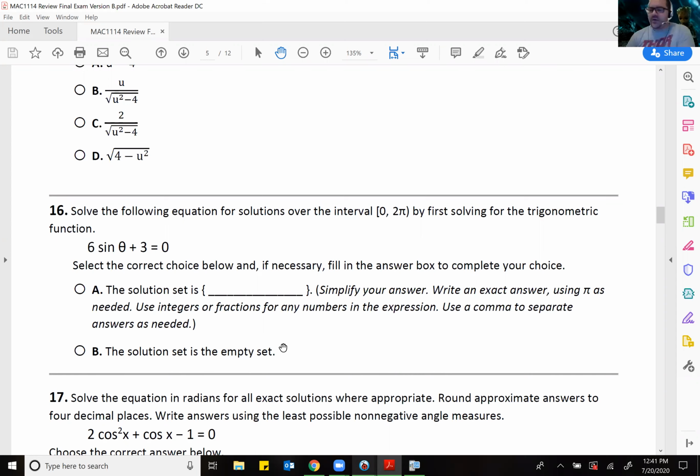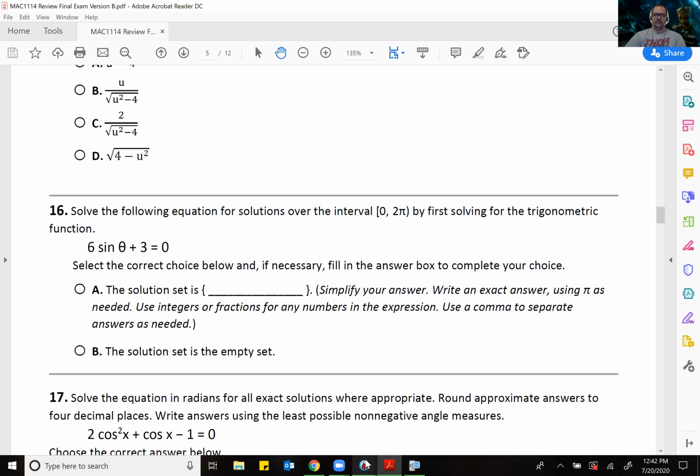When we solve, we've got to get the sine by itself. So minus 3, minus 3. So we get 6 sine theta equal to negative 3. Then divide by 6, divide by 6. Sine theta equals negative 1/2.